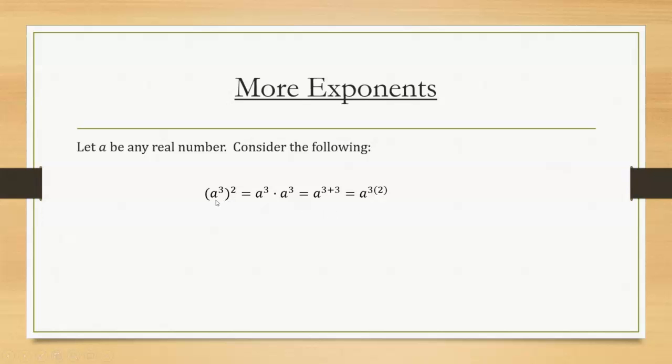In other words, you're raising a power to a power. That's the same as multiplying the exponents. And that's the rule I'm trying to illustrate. You raise a power to a power, you end up multiplying. That's what we're doing here.